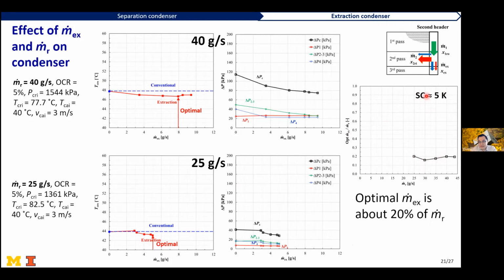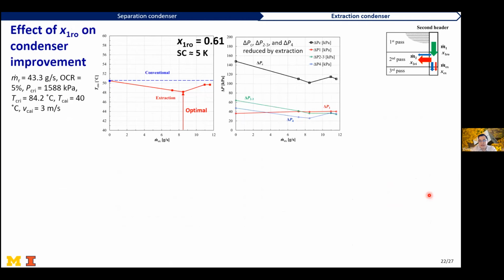So when this subcooling for the condenser is moderate, we can see that the optimal extraction flow rate is always around 20% of the total flow rate. However, the case changes when we change the subcooling for the condenser.